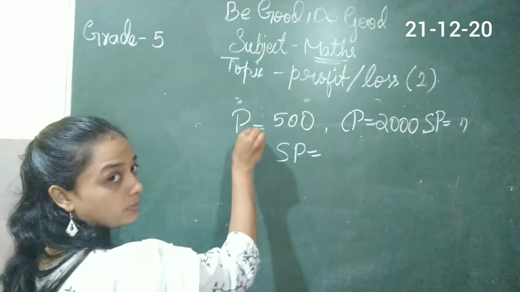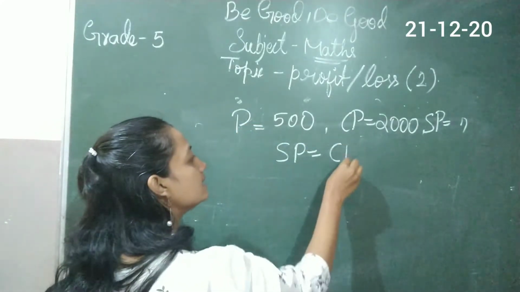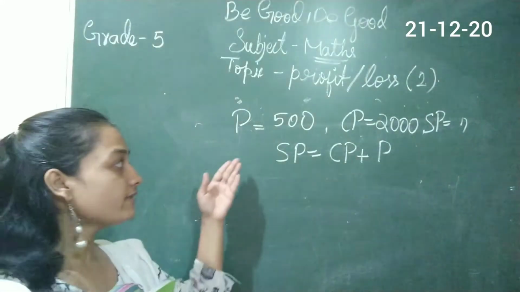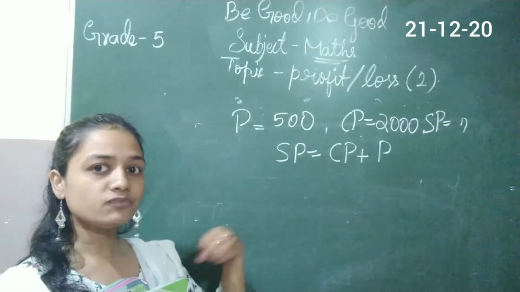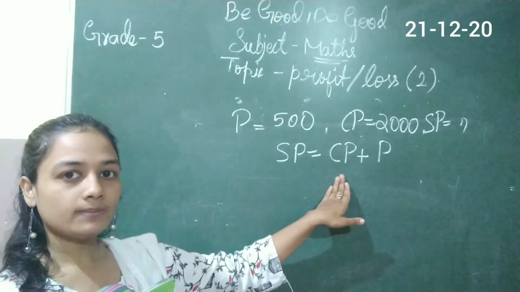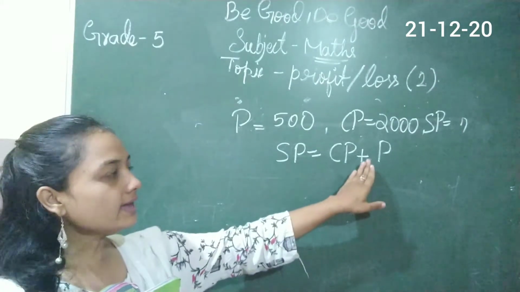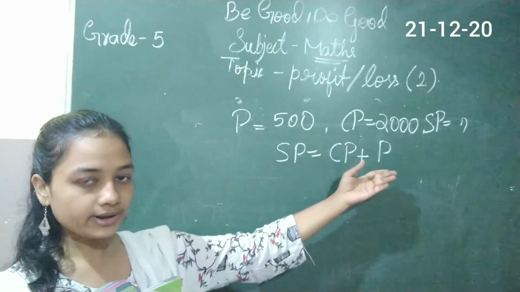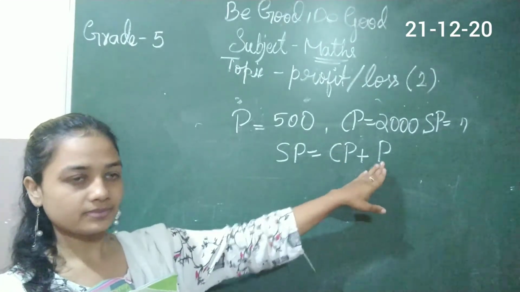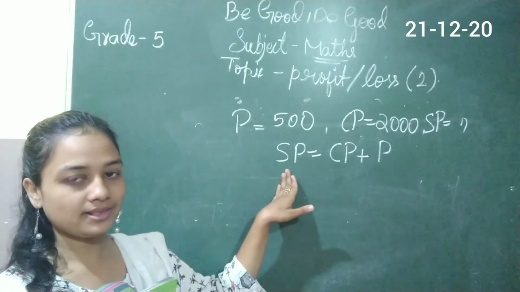When I have a profit, it will be CP plus profit, because when I am getting a profit, I am selling it for more price than my cost price. How much ever I take, I add extra money for it and I sell it. That is why I add the profit. Then I get my SP, selling price.